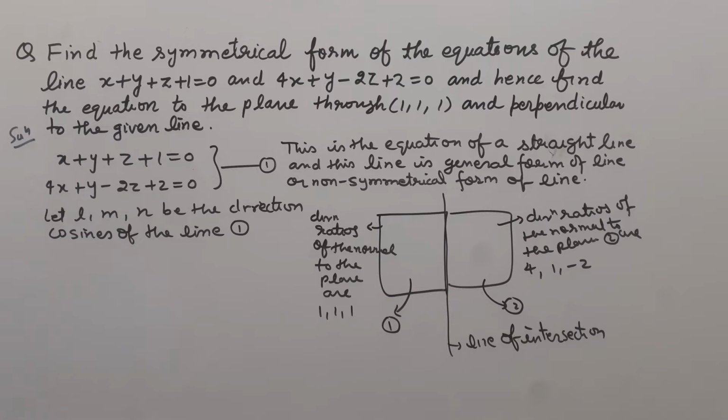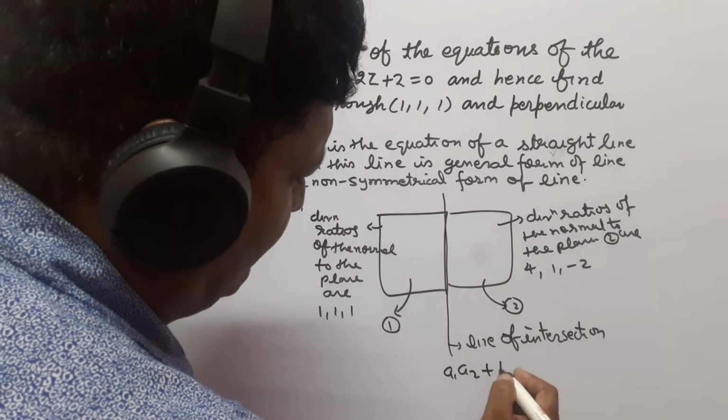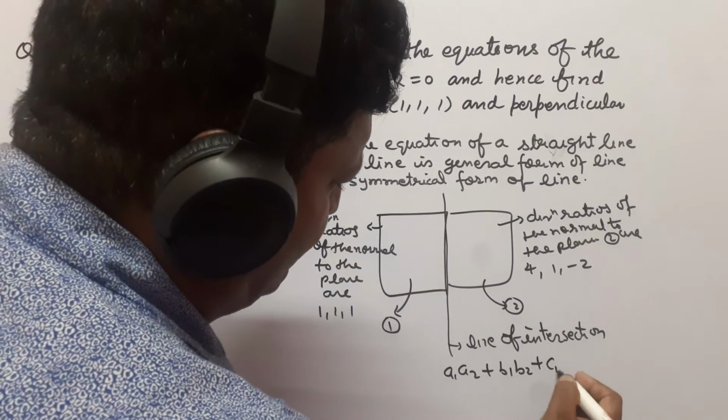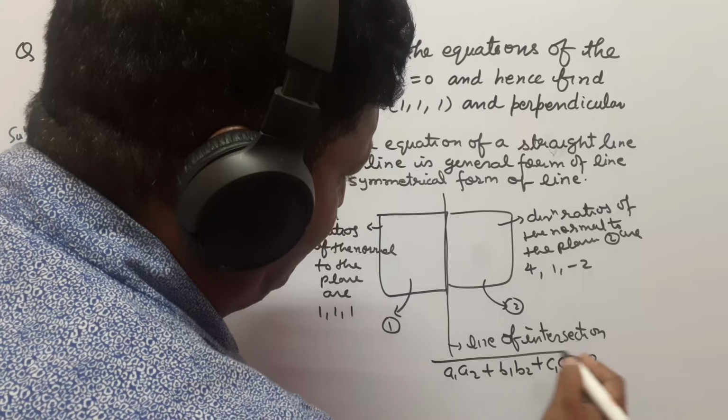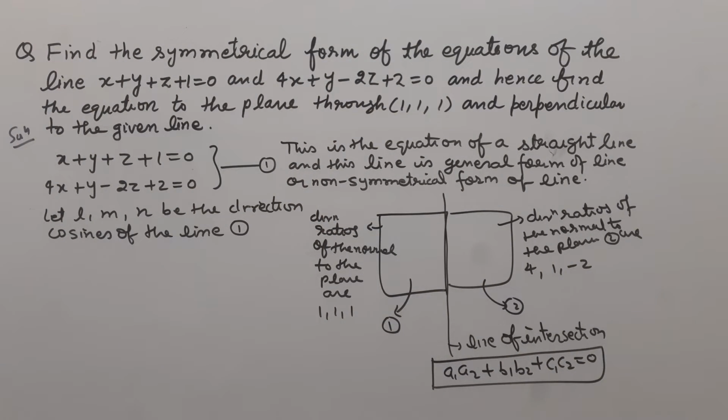We know that the condition of perpendicularity is a1 a2 plus b1 b2 plus c1 c2 is equal to 0, if two lines are perpendicular, where a1, b1, c1 are the direction ratios of one line and a2, b2, c2 are the direction ratios of the second line.